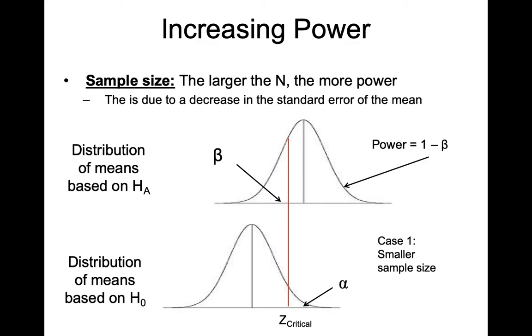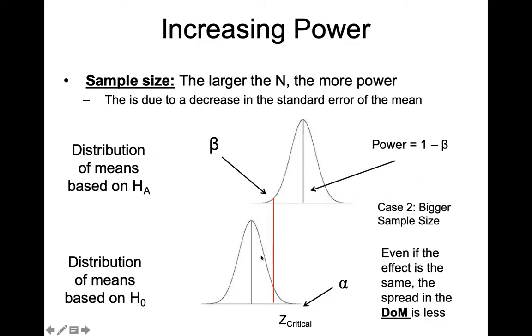Because there's less variability in both distributions, the means are more tightly clustered around each of the overall means of the distribution of means. When that's the case, there's a higher probability of means from your distribution based on the research hypothesis landing in the critical region.